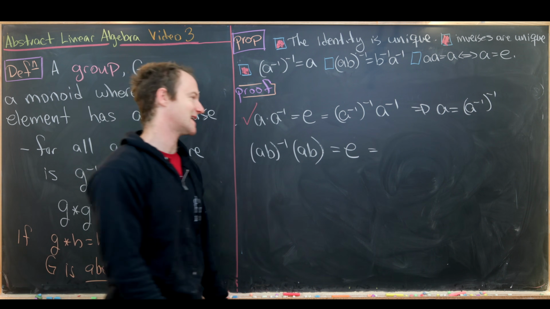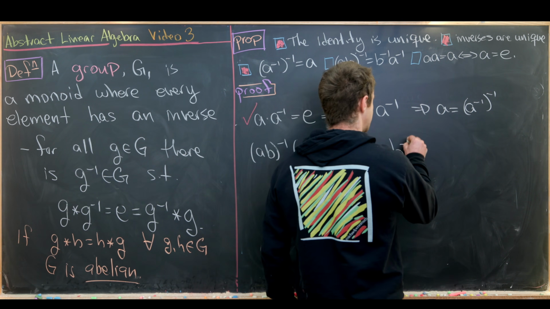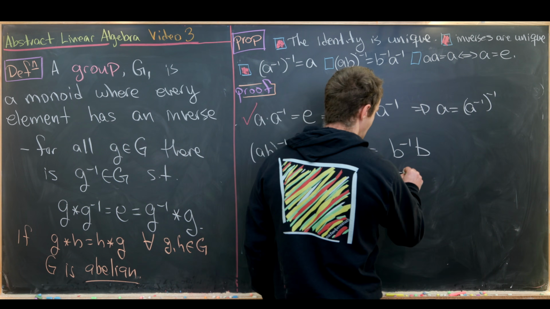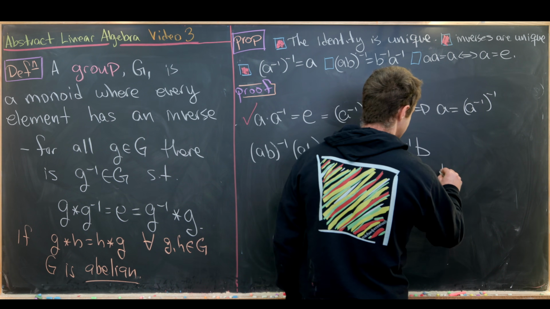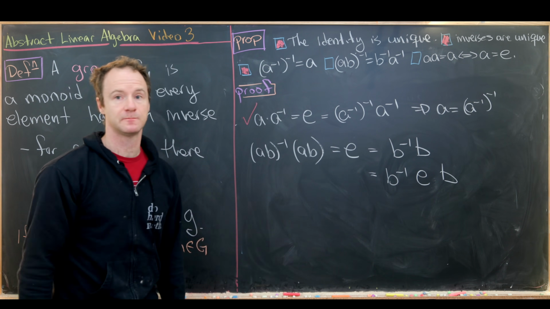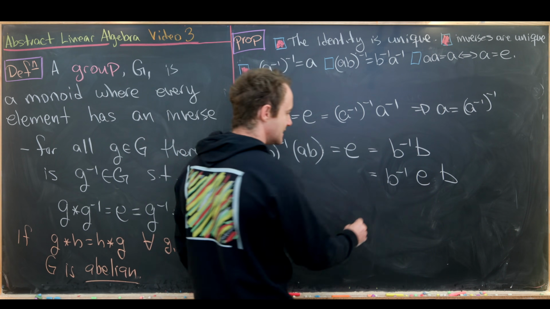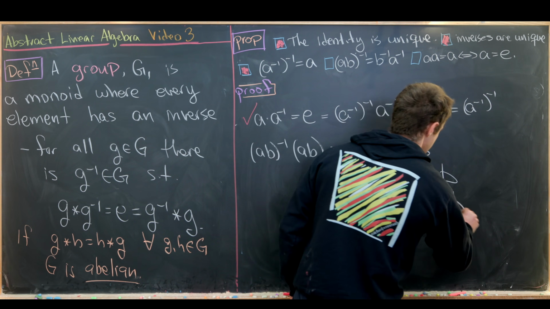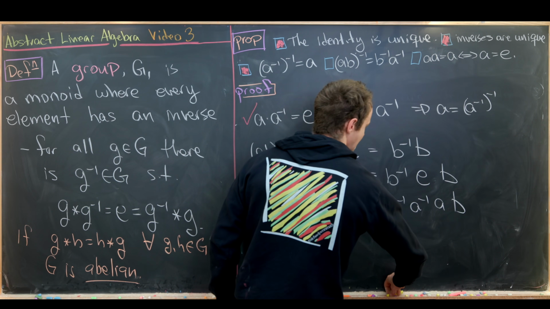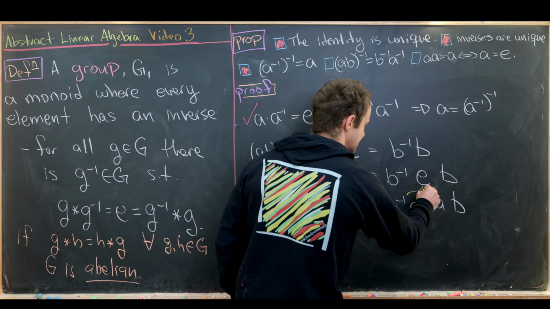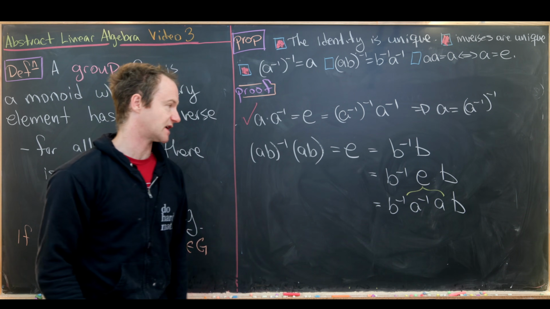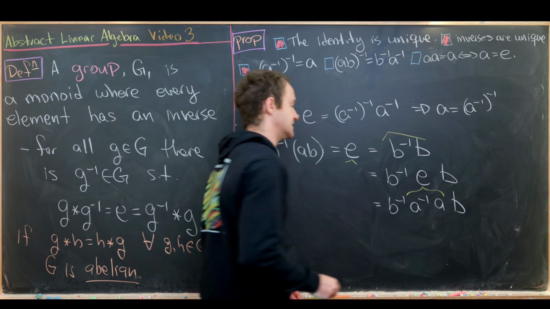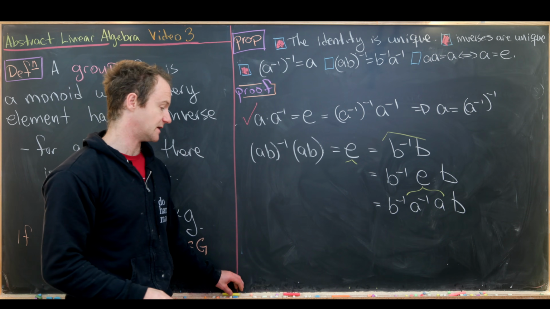But now we can take this identity and rewrite it as B inverse times B. And then furthermore, we can take that and write it as B inverse times the identity times B. Then take that identity in the middle and write it as A inverse times A times B. So let's just see how this went. This identity spread out into this A inverse times A, and this identity right here spread out into this B inverse times B.